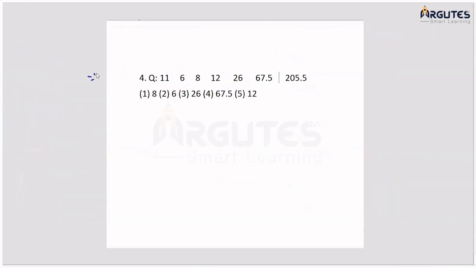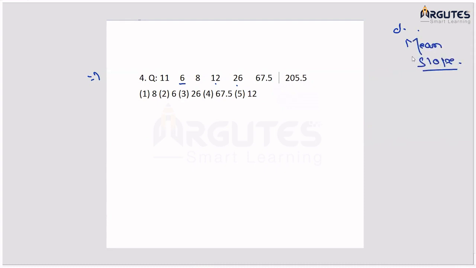Now our next question. Here also we have to find out which number is wrong. Now the series is 11, 6, 8, 12, 26, 67.5, 205.5. I have told you in our last lecture that whenever you see any series where a decimal comes, and when the second number of the series is near to half of the first number, it must be a type of mean slope.